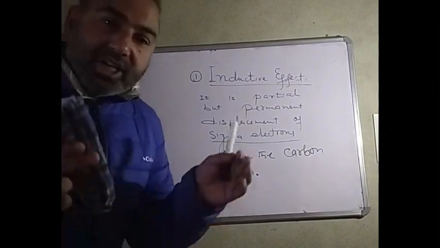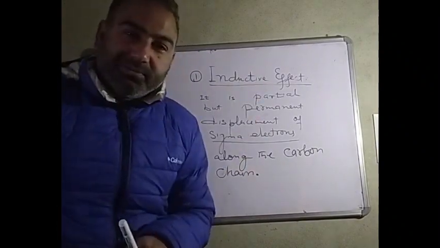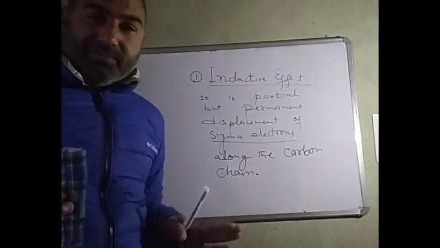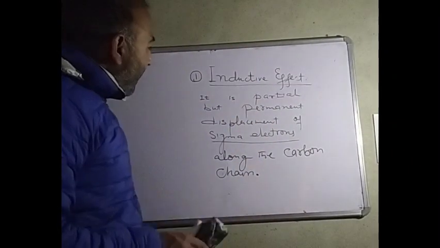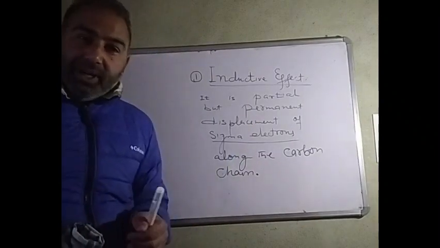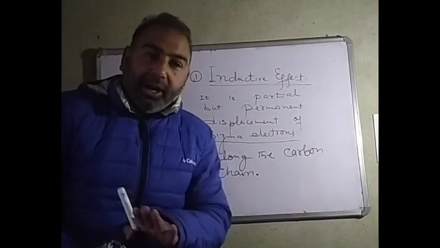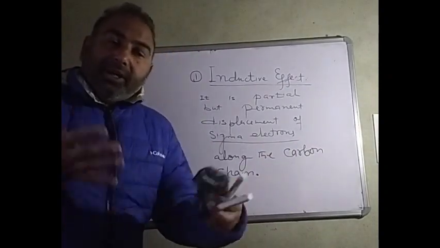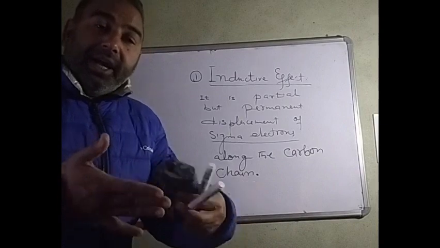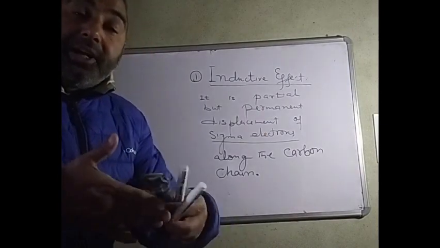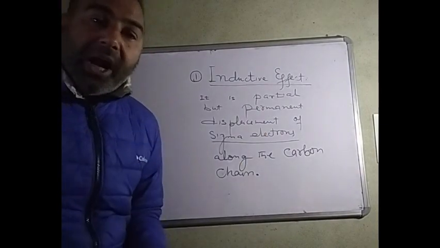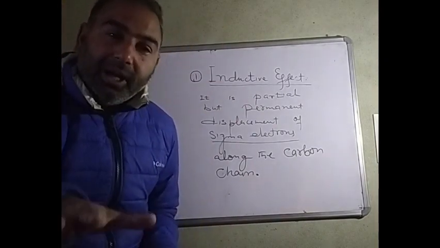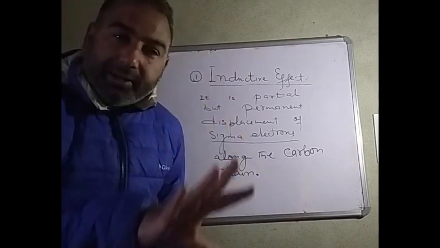Here I have written, it is a partial effect. That is, sigma electrons do not leave the valence shell of the atom. Partial. Number two, it is permanent. It is not a temporary effect. It is a permanent effect. Then what effect does it have in the molecule? What properties does it affect in the organic compound?